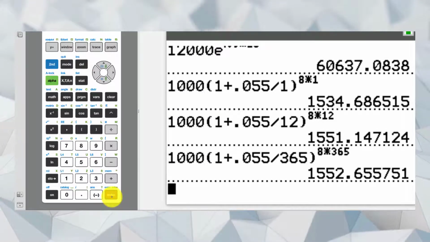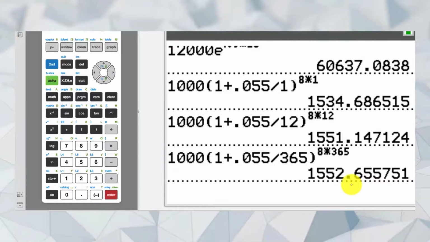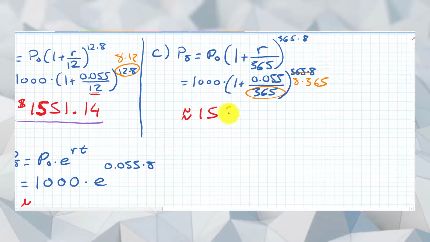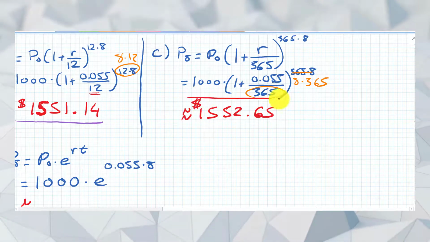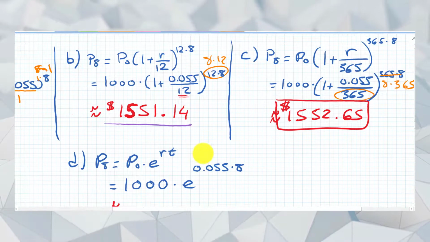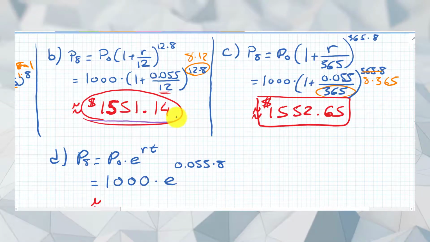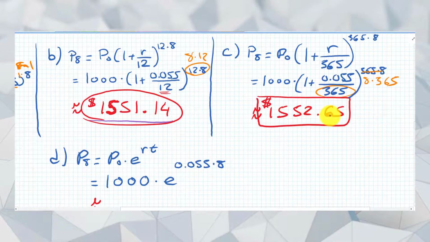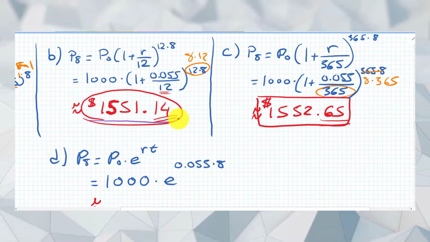And that is $1,552.65. So again, we find something that is better than the second, but not by much, right? By $1 and something, okay? So it's not much better when we compound every day versus compounding every month.